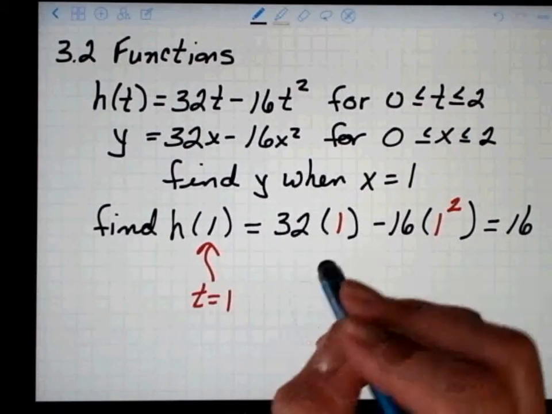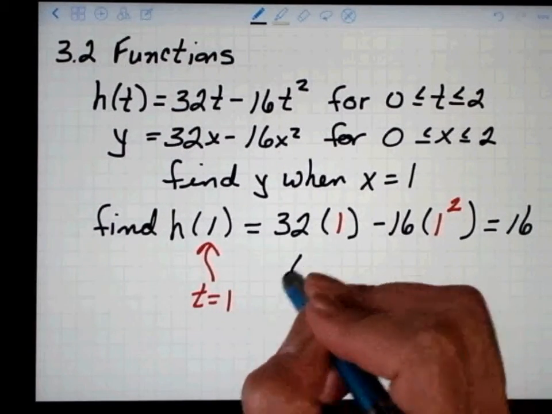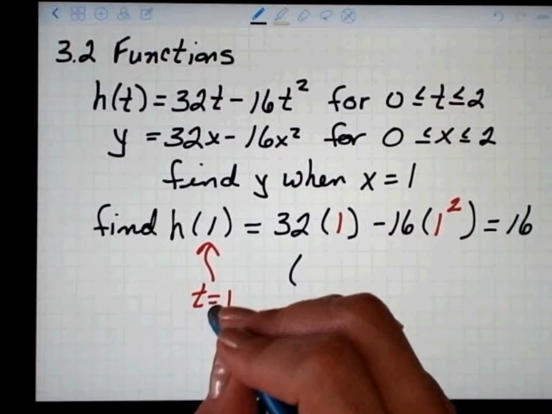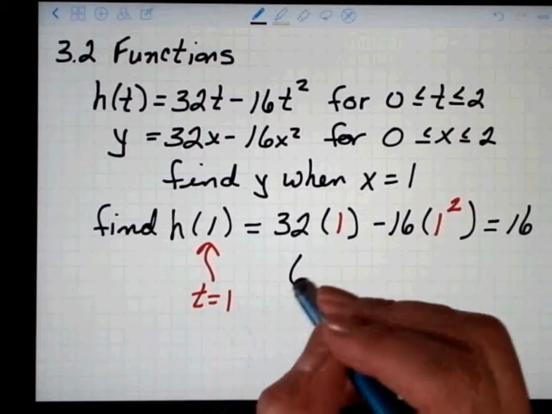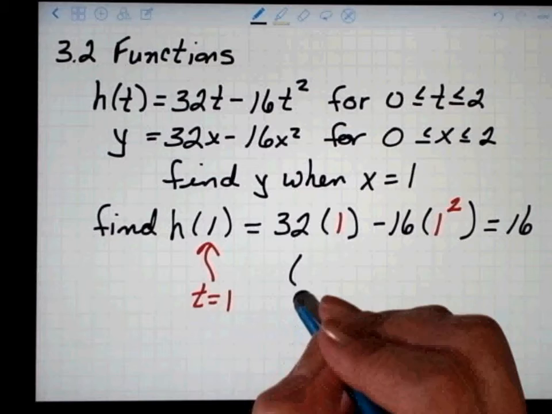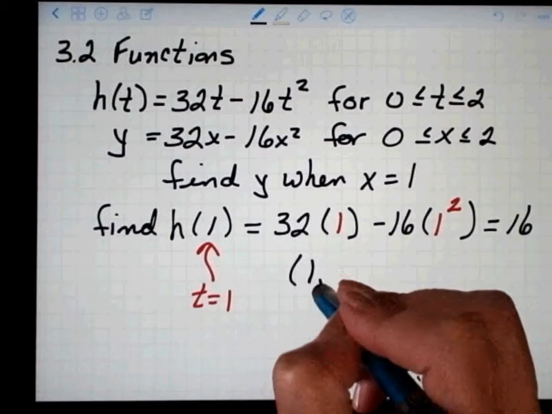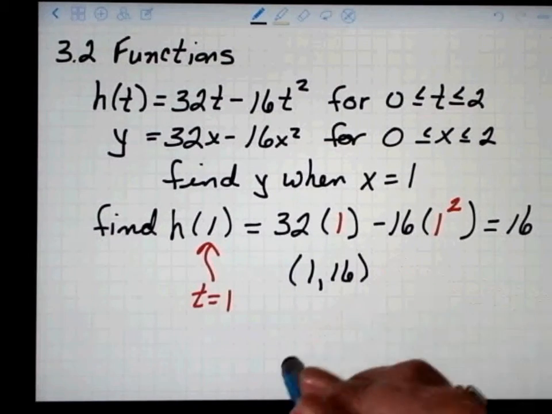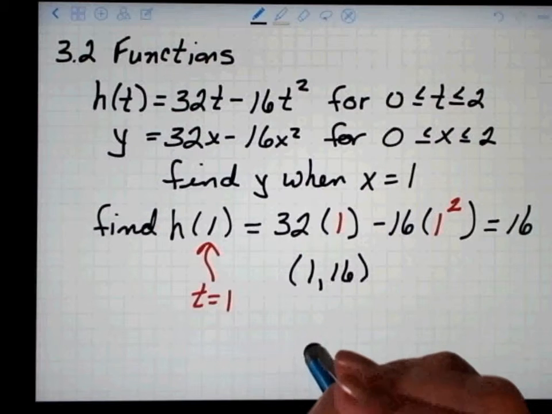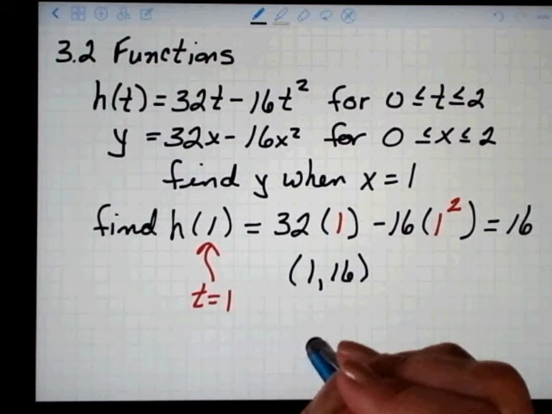So that means that the ordered pair, t comes first, because it is what we call the independent variable. It's the thing we plug in. (1, 16) is on the graph of the path of that ball.